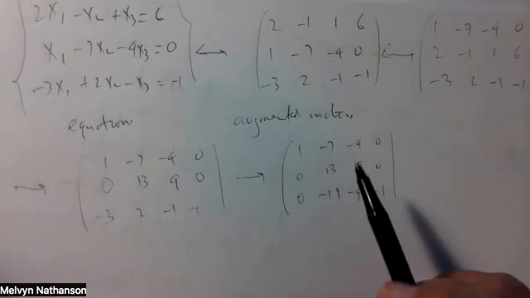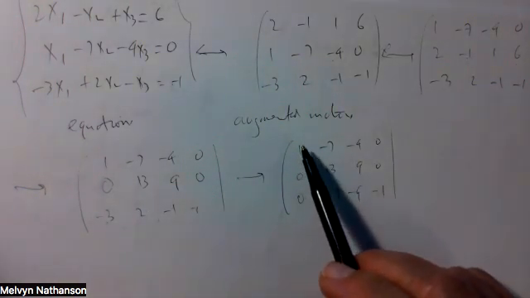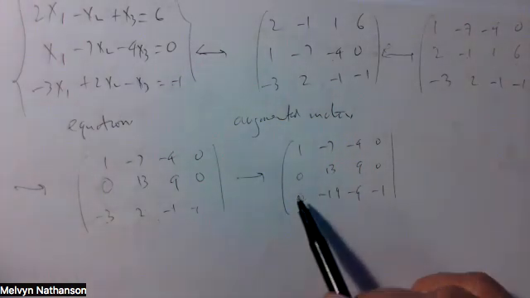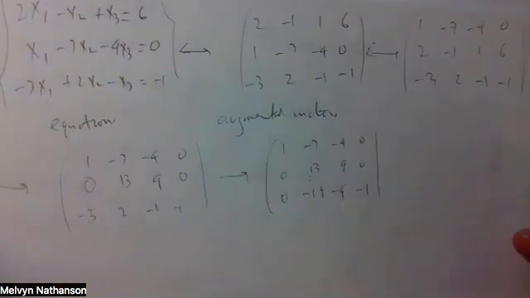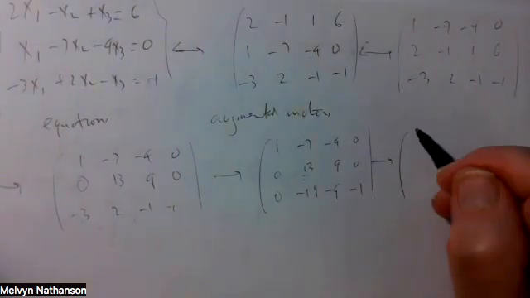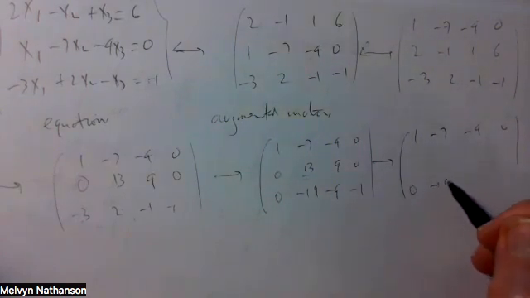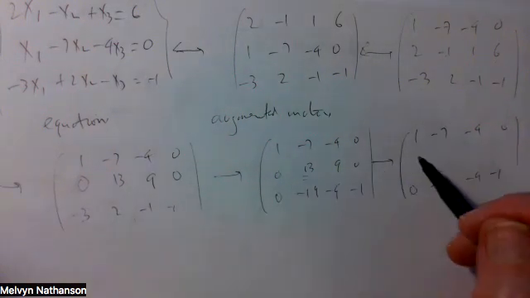Okay, so now in the first row, the first non-zero number is 1, and in that column everything else is a 0. Now I look at the second row, and I want to change this 13 to a 1. So I don't change the first row, and I don't change the third row. I just multiply this row by 1 over 13.